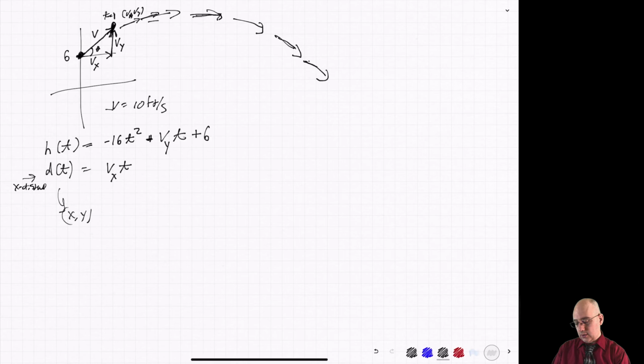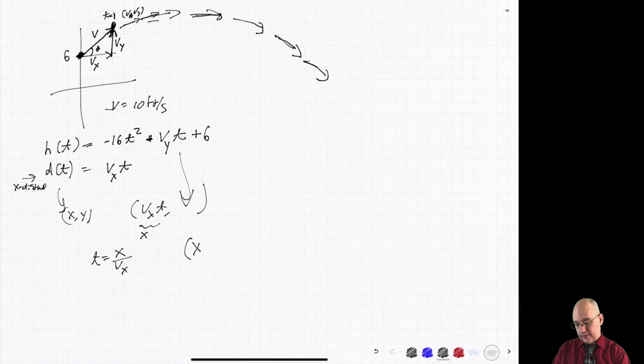Right now we have Vx t, and then all of this here. If this is supposed to be our x, then t is equal to x over Vx.